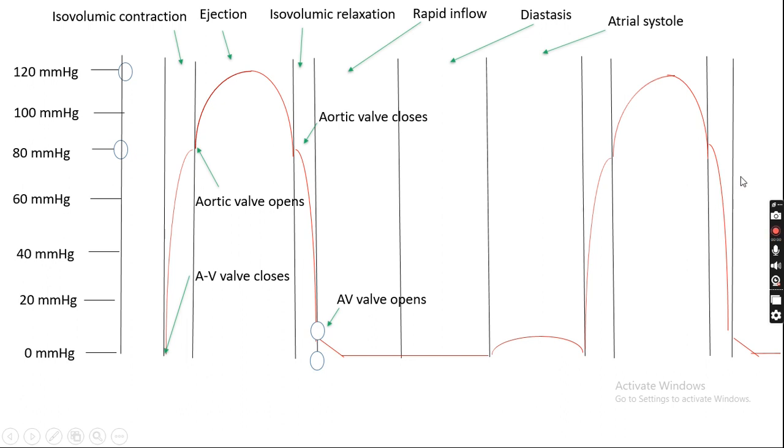Then next is again the rapid inflow, the cycle repeats. So this is all about the left ventricular pressure change during cardiac cycle, and it is the easy way to draw the figure.